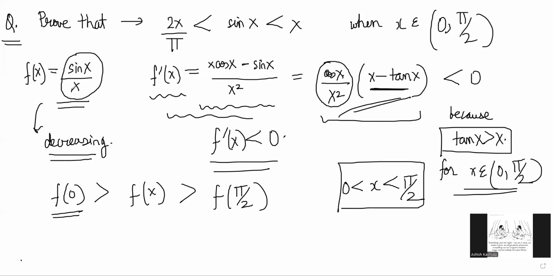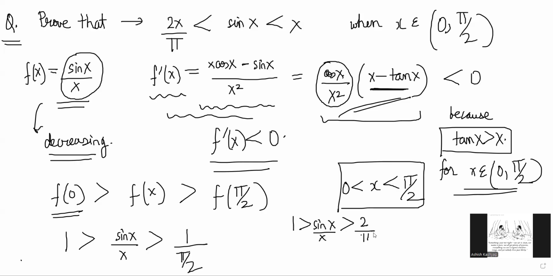But if you understand limits, then you know that the limit is tending to 1, right? Yes, sir. So you will get 1 is greater than sin x by x is greater than sin pi by 2 over pi by 2, which is 1 over pi by 2. So you are getting 1 is greater than sin x by x is greater than 2 by pi. And now you get the proof. If you cross multiply with x, you will get 2x by pi. You will get basically x is greater than sin x is greater than 2x by pi.